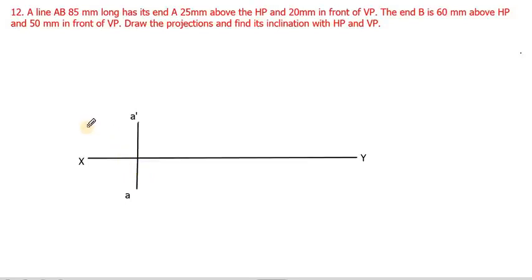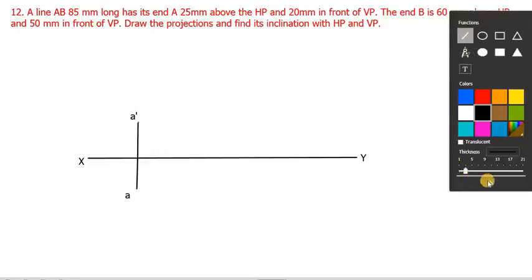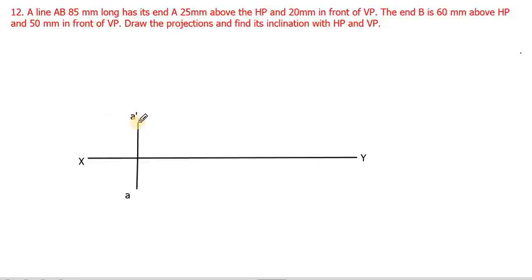Now draw the locus line crossing A dash and A, such that the locus line crossing A dash will be the locus of A dash, and the line that is crossing A point will be the locus of A. So draw the locus line crossing A dash.